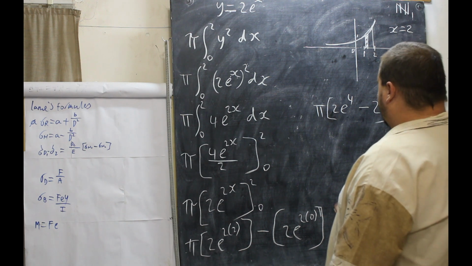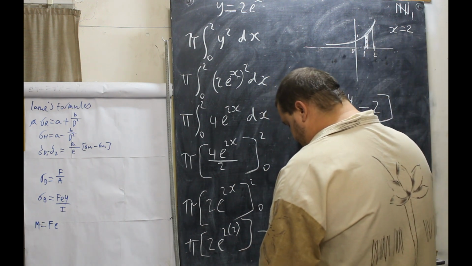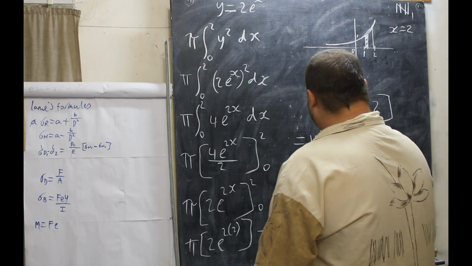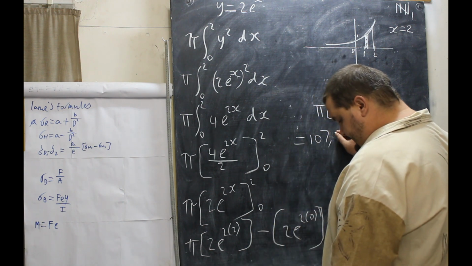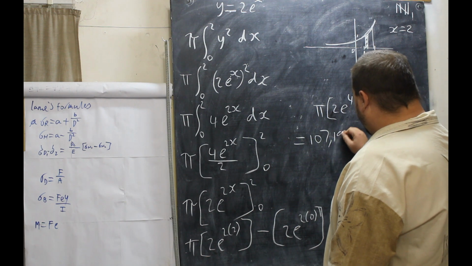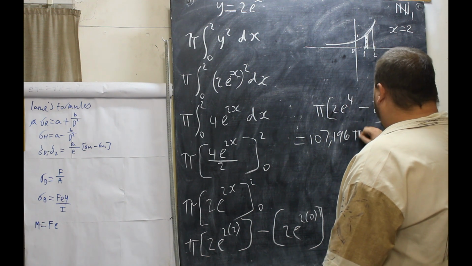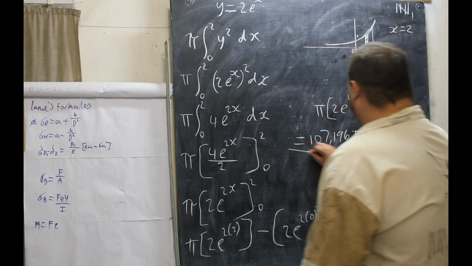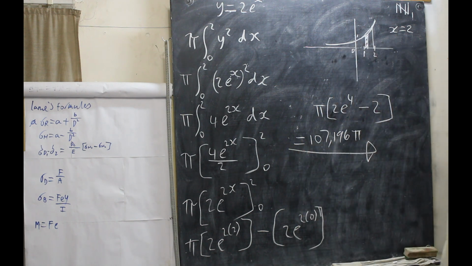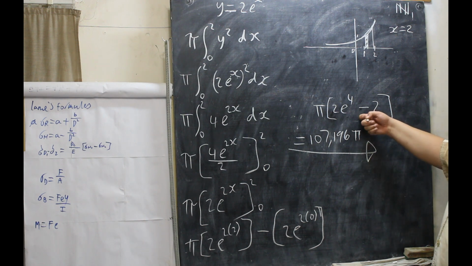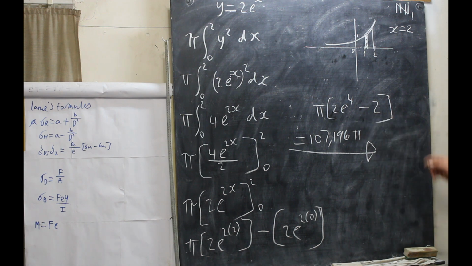So now this will be equal to 107,196 pi. And that is the volume. So now we're going to keep this in mind.